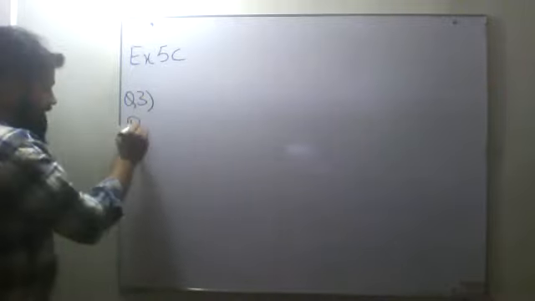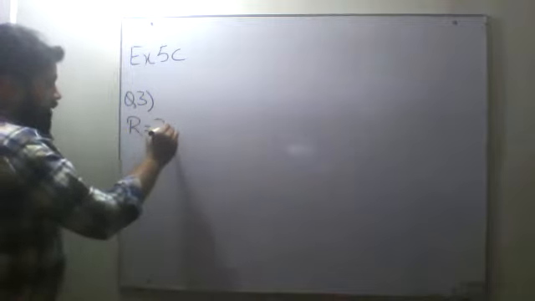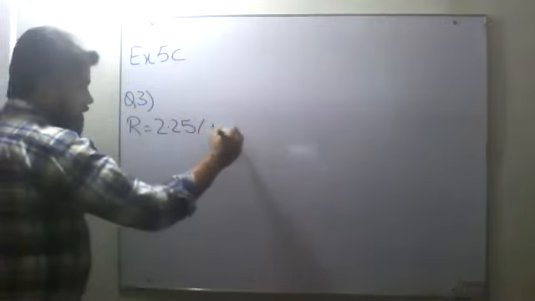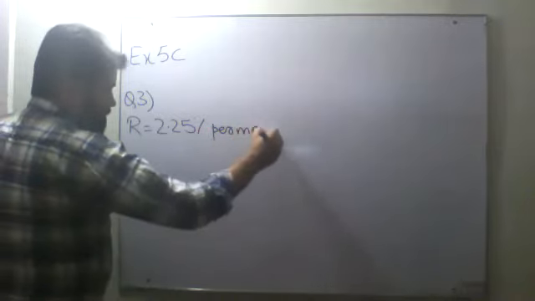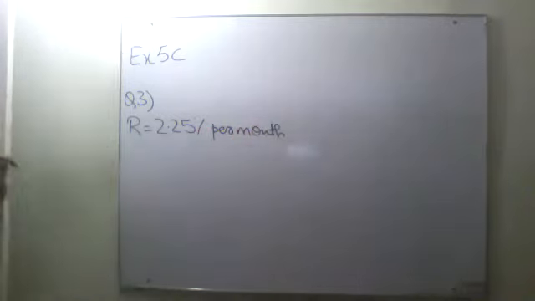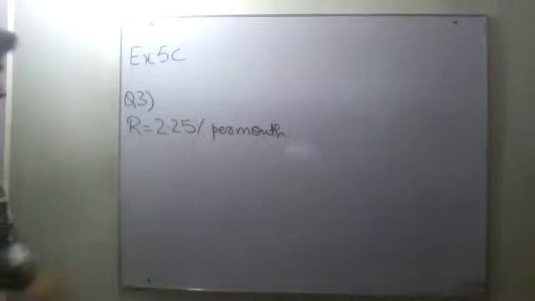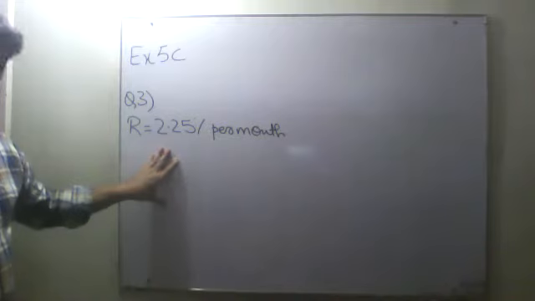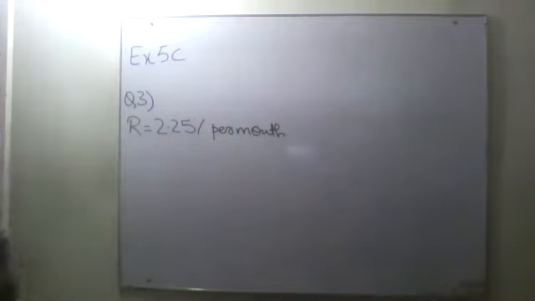Rate of interest is given 2.25% per month. Okay. 2.25% per month simple interest on a personal loan. A bank is charging this much interest per month on any given personal loan.